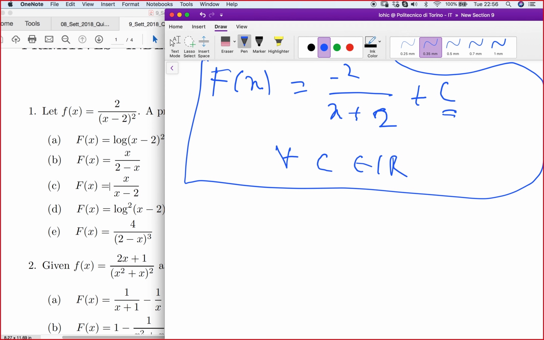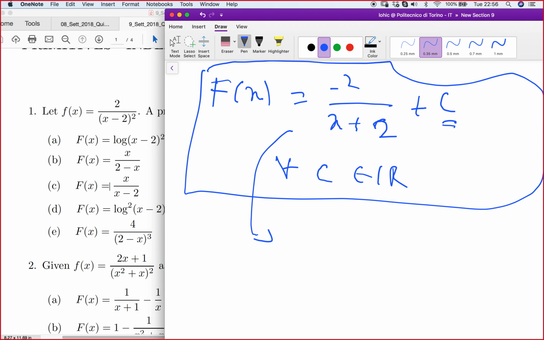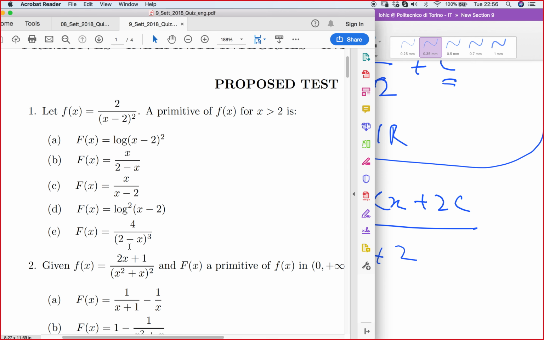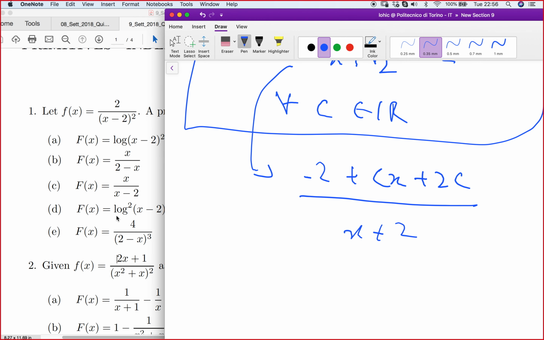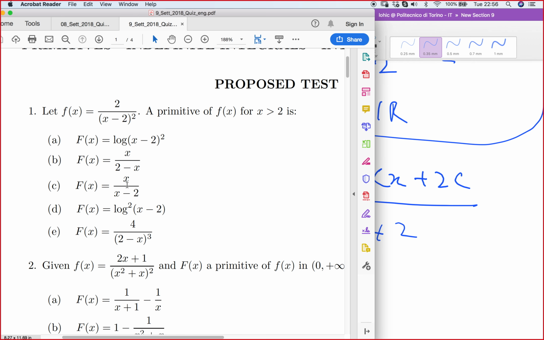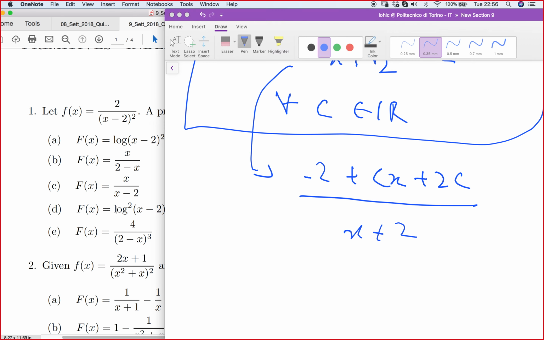In order to do it, let's write this as minus 2 plus cx minus 2c over x minus 2, right? If we are willing to stay with only x at the numerator, what should be the value of c?